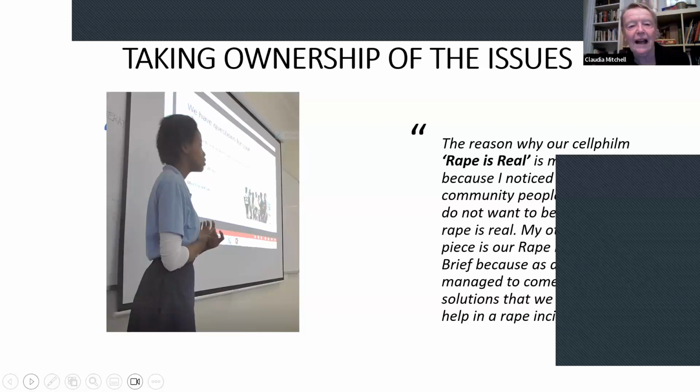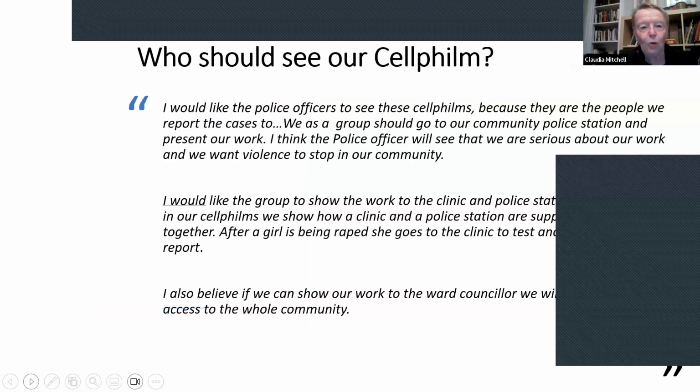Just to look at the next slide, the notion of taking ownership as part of young people's engagement, I think, is really critical. So one of the pieces that they talked about was this question: who should see our cell films? And some people talked about police officers, how everybody in the community should, how neighbors should. They also talked about how maybe their religious leaders should be concerned.